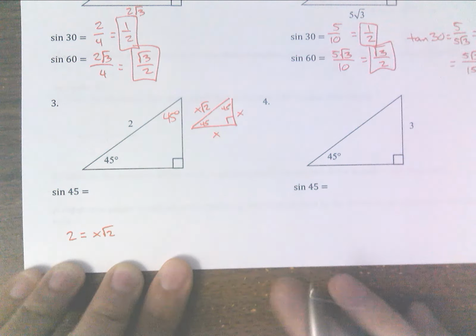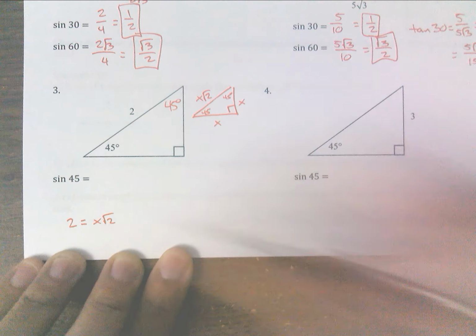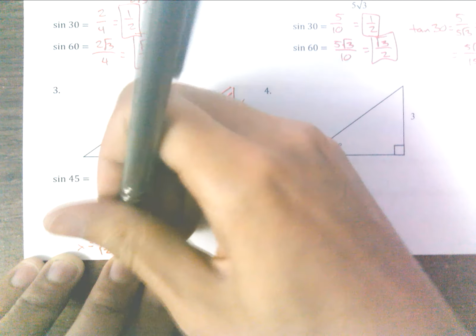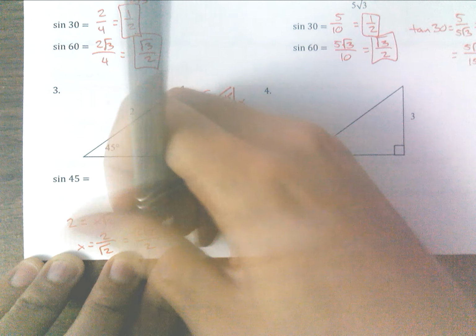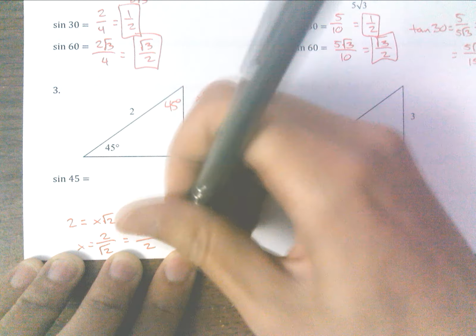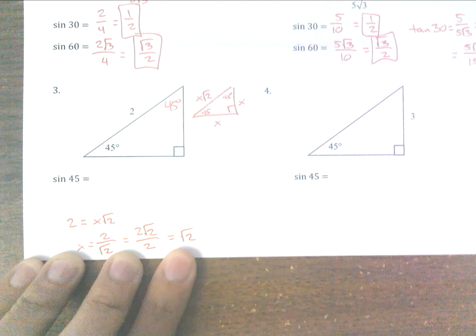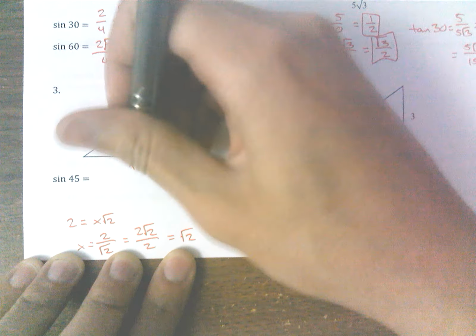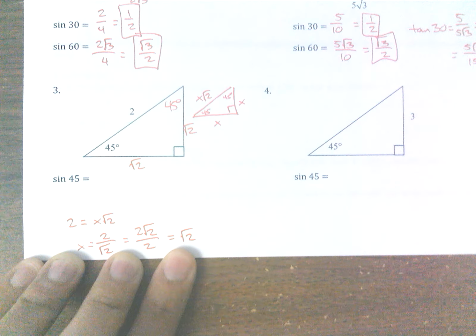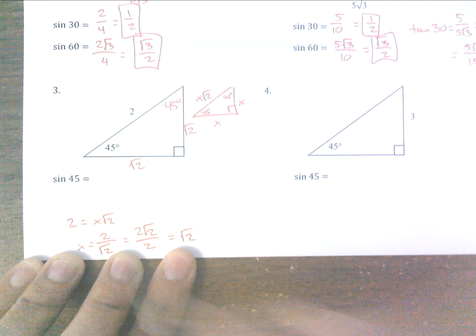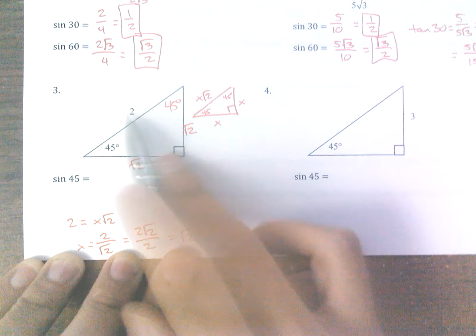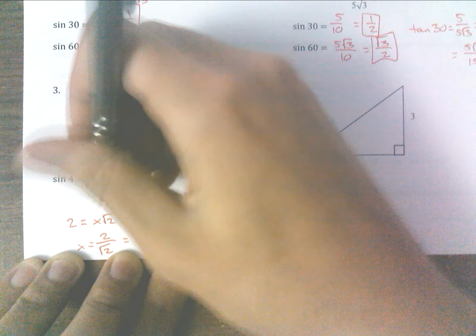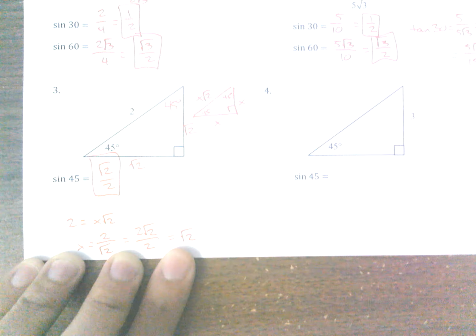So if we have this equation, 2 equals x root 2, then x must equal 2 over root 2, which, rationalizing the denominator, we have 2 root 2 over 2, or just simplifying, just root 2. So that must mean that our side lengths are the square root of 2. So we haven't found sine of 45 yet. Let's take that ratio. So opposite over hypotenuse, root 2 over 2. And that is the sine of 45.